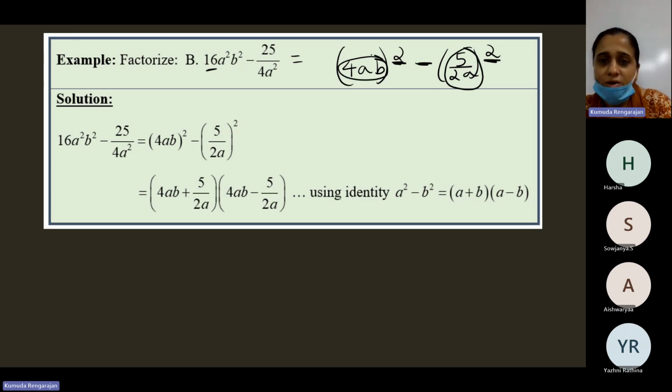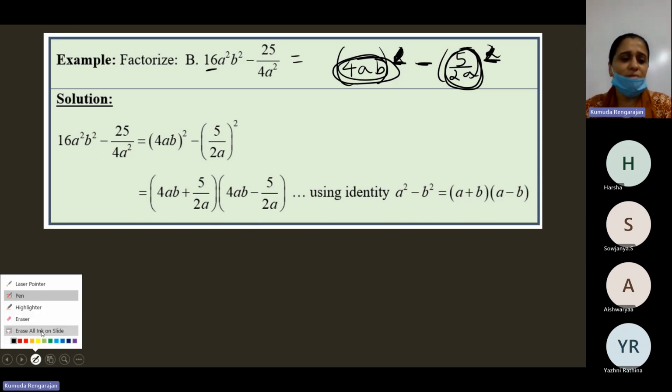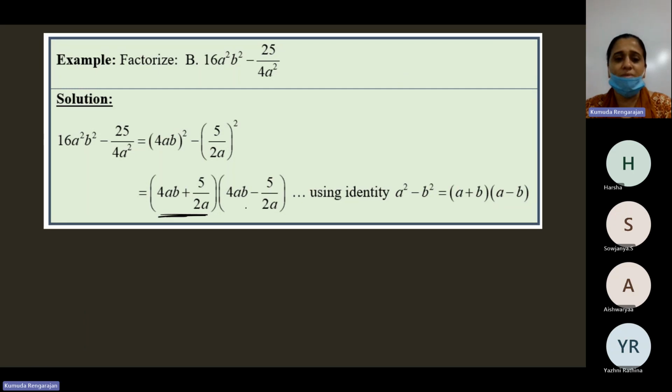So what is your A? 4A. What's your B? 5 by 2B. Without the square, what you see is your A. Without the square, what you see is your B. So A square minus B square is A plus B into A minus B. You can see it here. Yeah, write down fast.